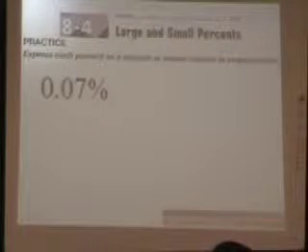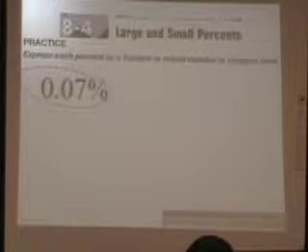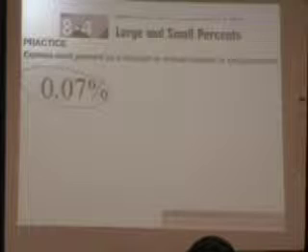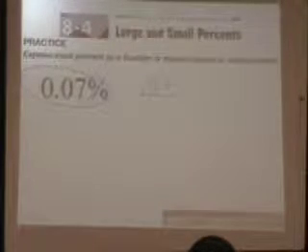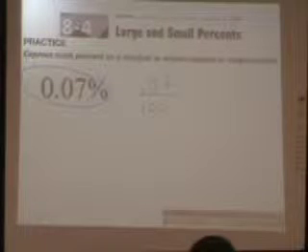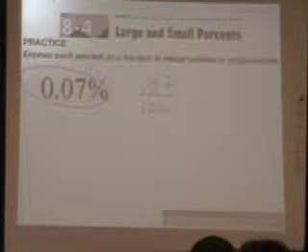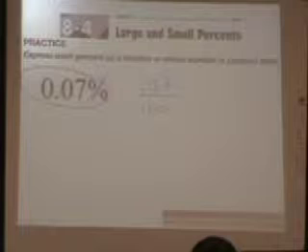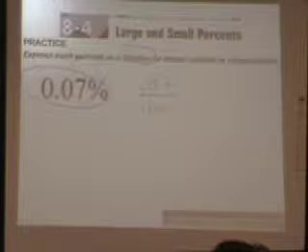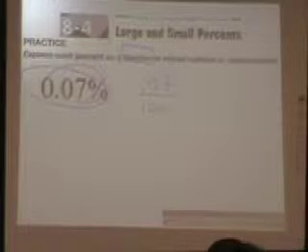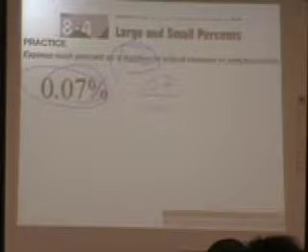Alright, so here what do we have? A what? Decimal. A decimal. So we're going to eliminate the percent. We're going to put the decimal over what? 100. Okay? Now are we done? No, we're not. Okay? Now here it told us to make it a what? Fraction. So even though we started with a decimal, we're going to end with a what? Fraction.